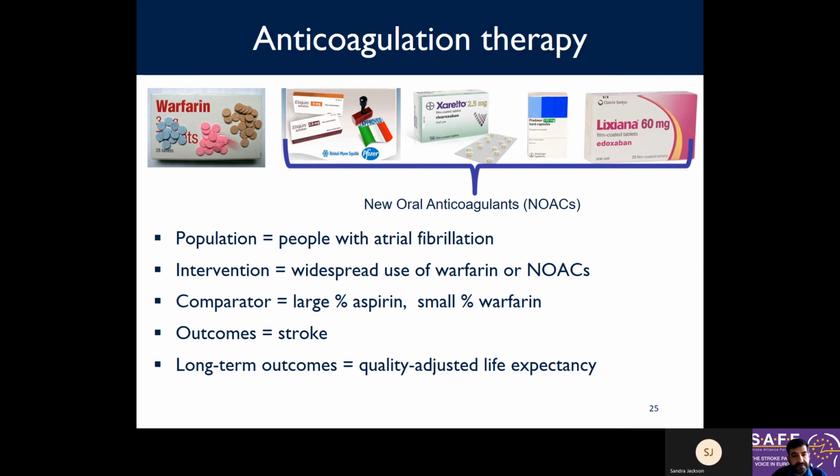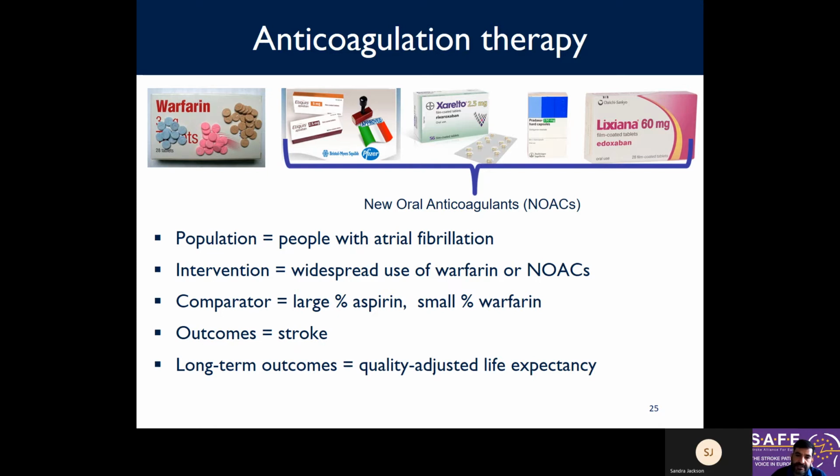So the intervention would be widespread use of warfarin or NOACs in people with atrial fibrillation. In the comparator, we looked at, although warfarin has been in the market for years and it has been shown to aggressively treat atrial fibrillation to prevent recurrent strokes.